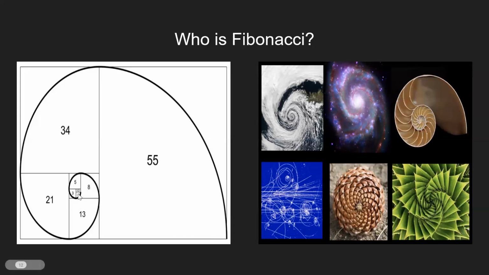This is used and seen throughout the world, throughout the universe. You can see it with hurricanes and natural disasters. Our galaxy is made up of the golden spiral, the snail shell, pine cones, different leaves, etc. And if you look on a tree, a perfect tree branch will also have this 1 plus 1, 2, 3, 5, 8, 13, etc. For me, I am very, very big on the universe and nature.